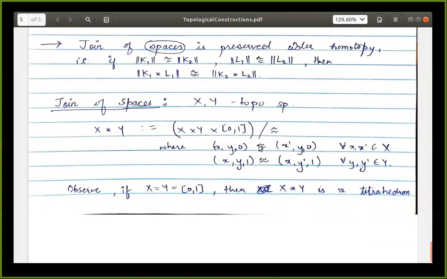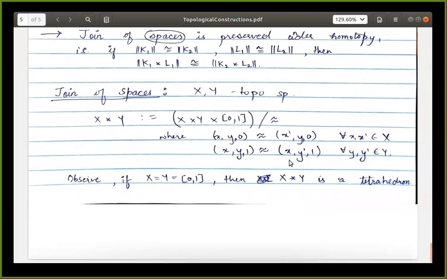On one of the edges you squeeze the entire edge to make it a point, on the other one you squeeze another edge for this particular relation and get a point, and this way we get a tetrahedron.